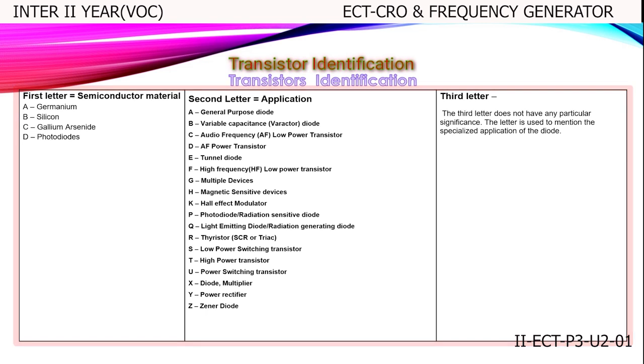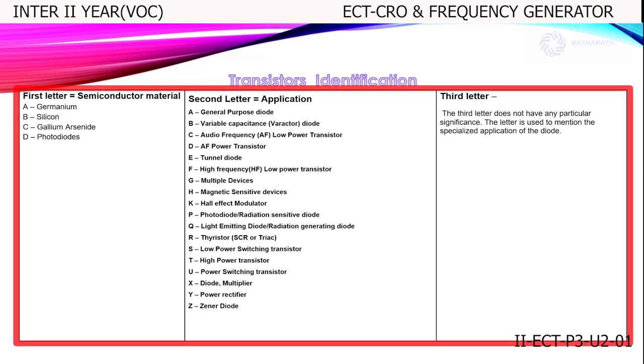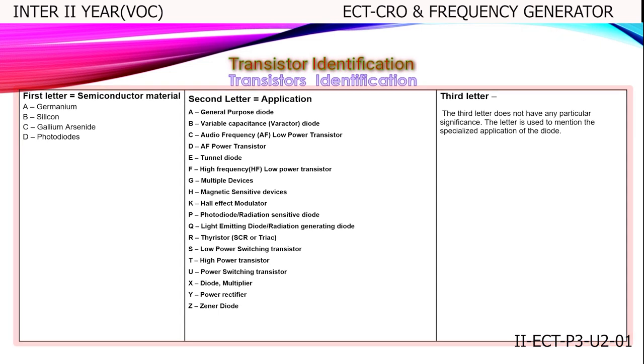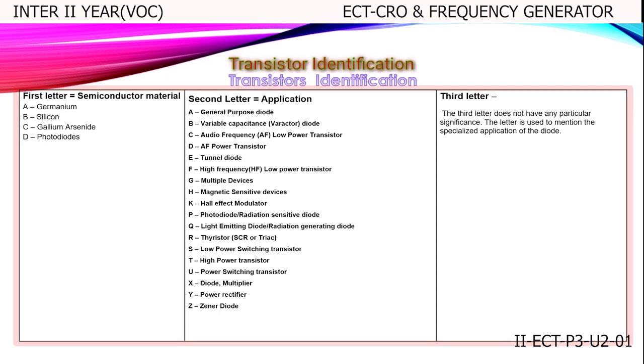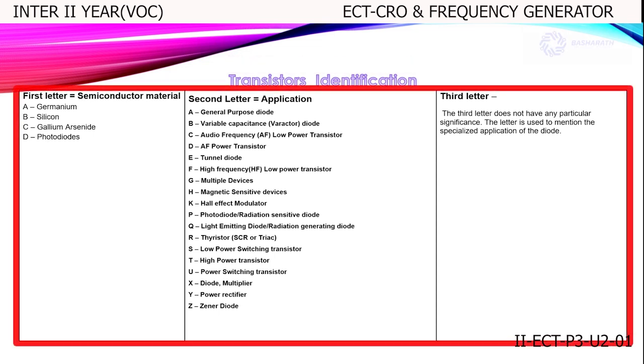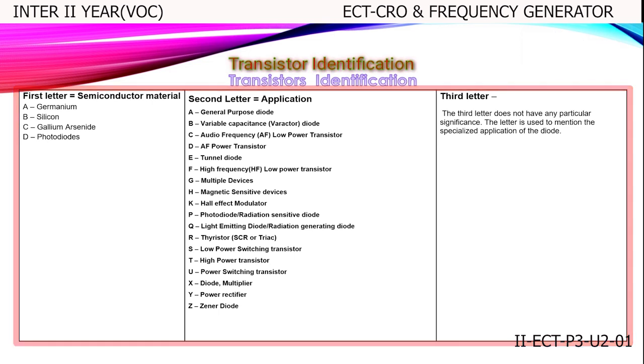There is an international numbering system for all semiconductor devices and components. The first letter of the symbol indicates the nature of the semiconductor material: A for germanium, B for silicon, C for gallium arsenide, and R for compound.